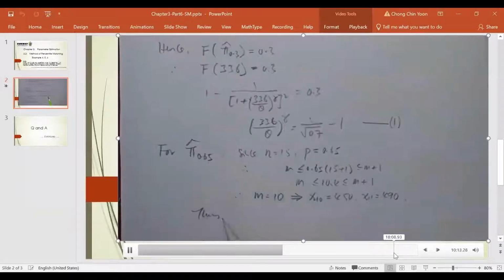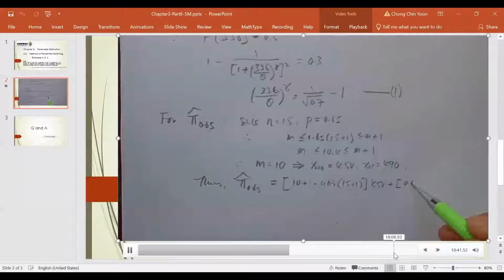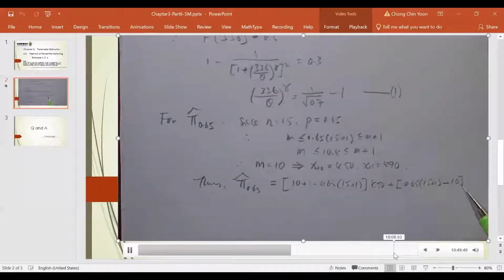Thus, the estimate of this 65th percentile equals one minus the quantity m plus 1 minus the probability times n plus 1, multiplied by x10, which is 450, plus 0.65 multiplied by n plus 1 minus m, and this result multiplied by x11, that is 490.